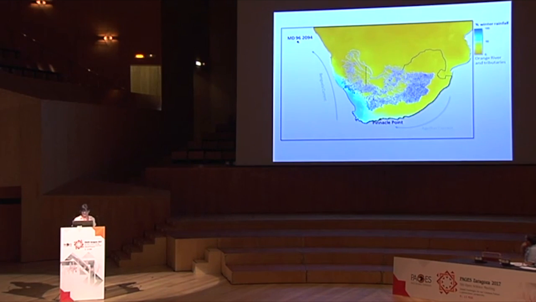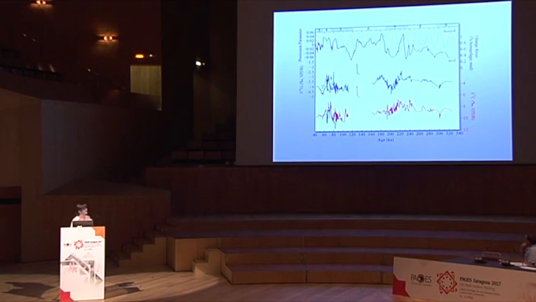So when we compare the record to the speleothems, here in purple is the river runoff from the Orange River, with more humid conditions at the top and more arid conditions at the bottom. We can see that specifically the delta 18O from Staircase Cave shows correlation to this record.